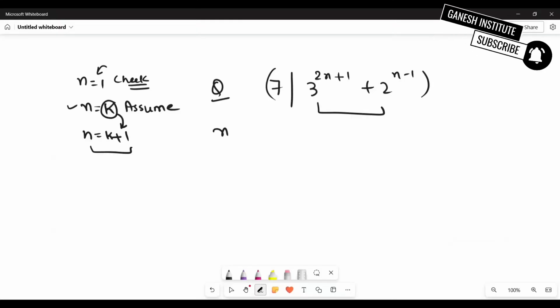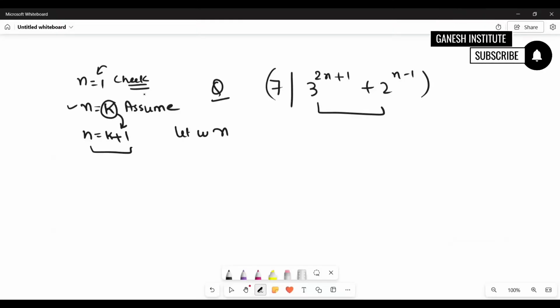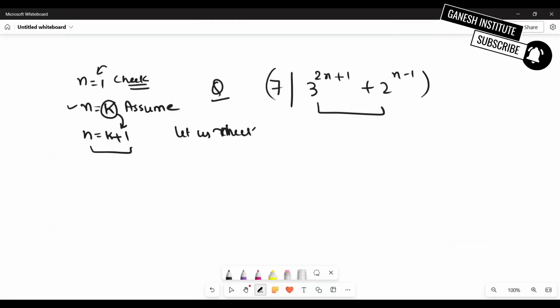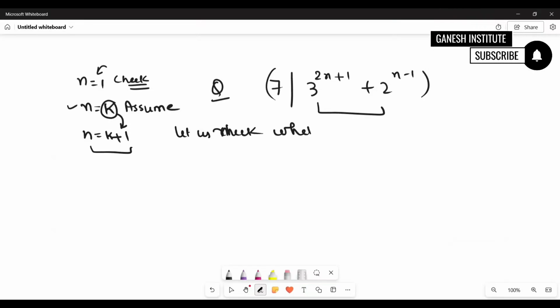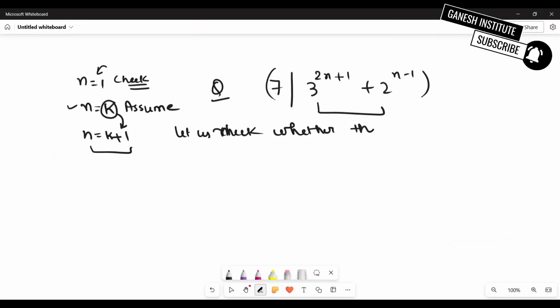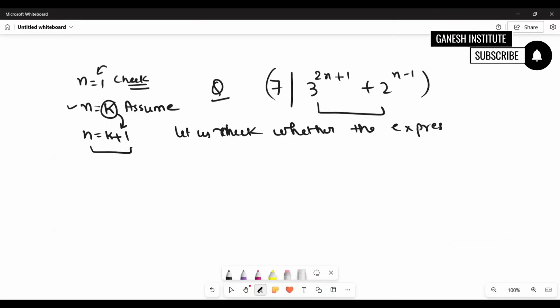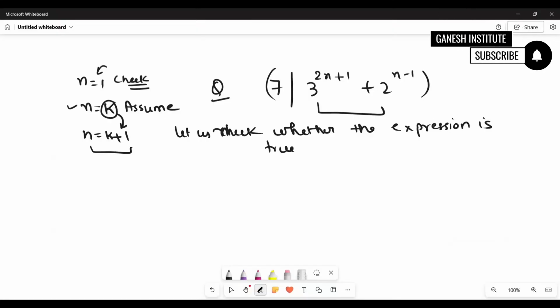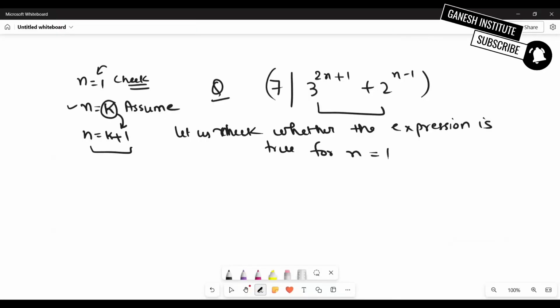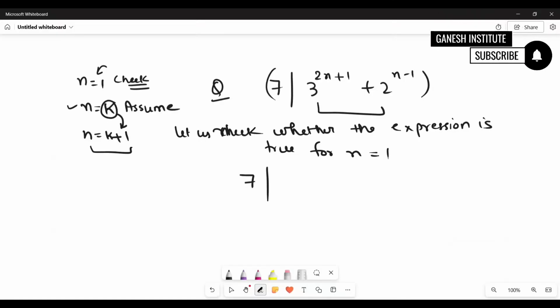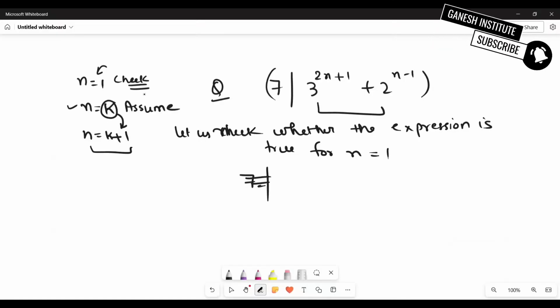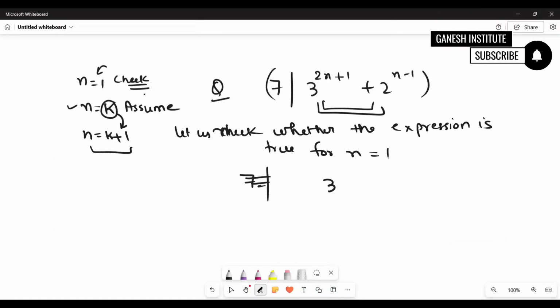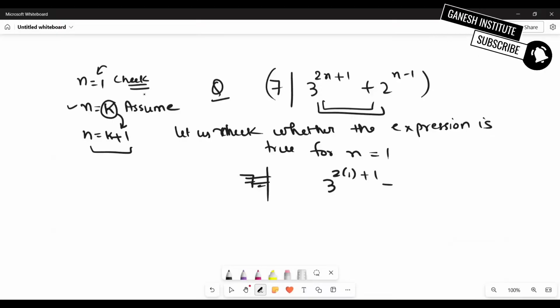So you will say, let us check whether the expression is true for n equals 1. Forget about the main dividend: 3 raised to the power 2 plus 1, plus 2 raised to the power 1 minus 1.